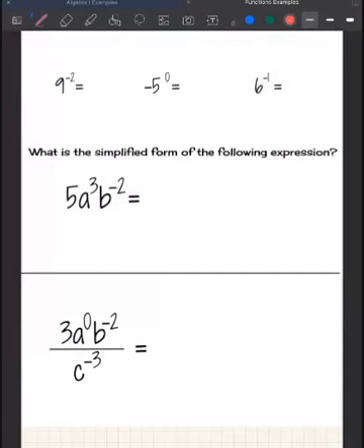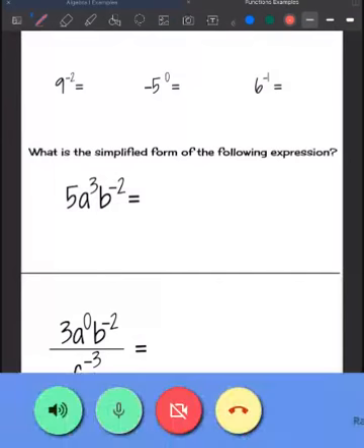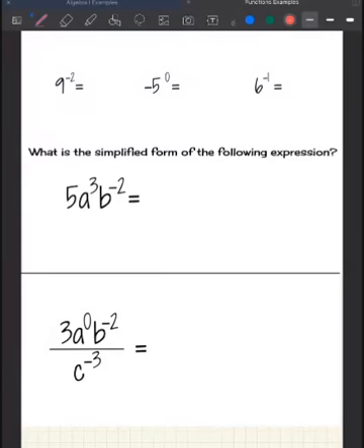You have 9 to the negative second power, which is the same thing as 1 since it's negative, over 9 to the second power, which if we're going to go a little further and simplify is the same thing. I'll bring it down here. 9 to the second power is the same thing as 1 over 81. 9 times 9. Negative 5 to the 0 power, anything raised to the 0 power equals 1.